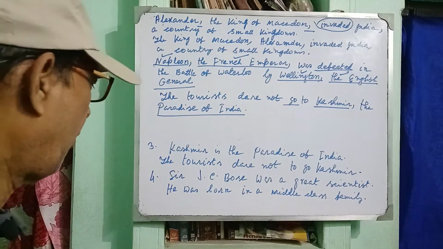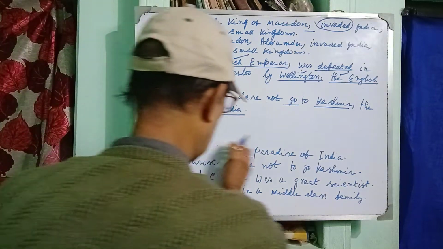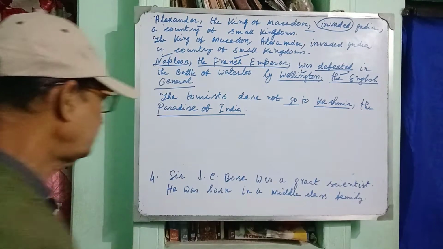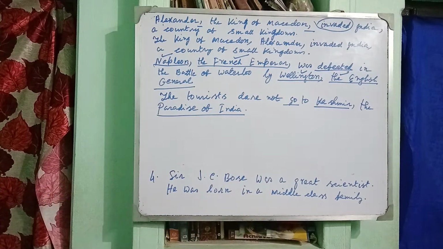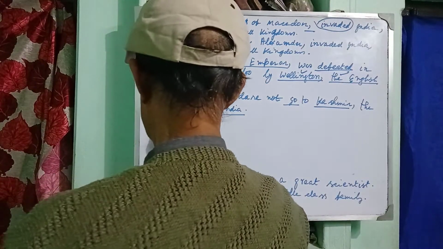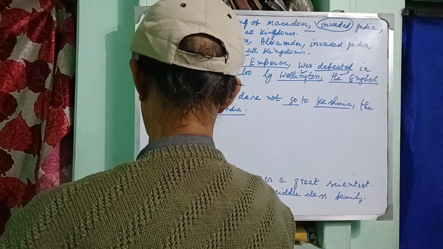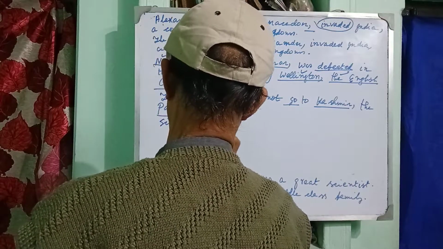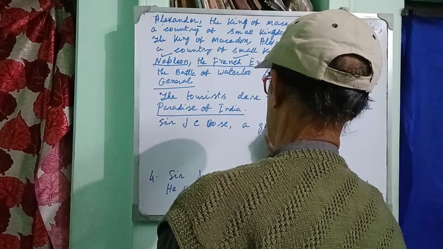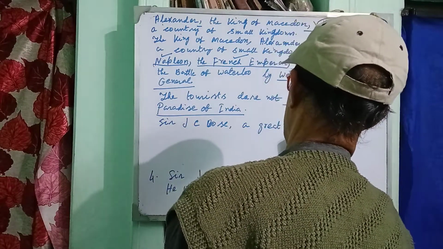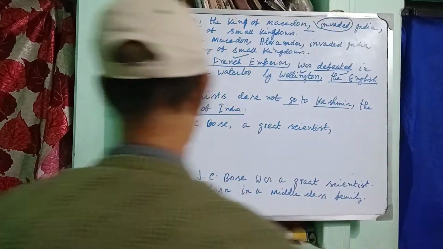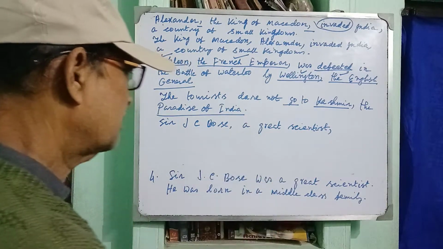Now come to the last point. Sir J.C. Bose was a great scientist. He was born in a middle class family. So you may write Sir J.C. Bose, a great scientist, comma, you must give two commas.